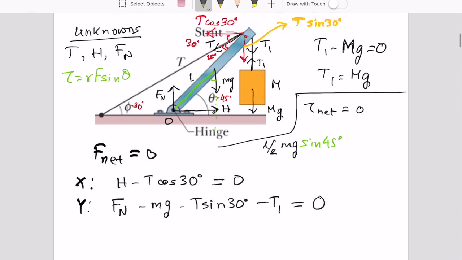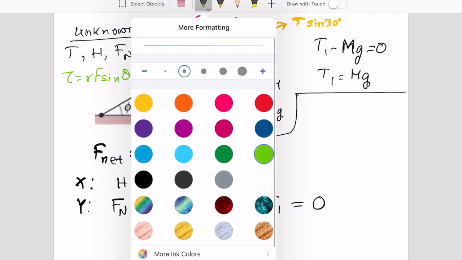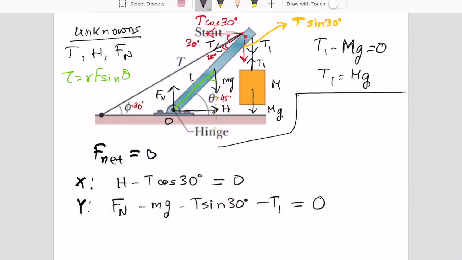So the next equation, I'll just rewrite the torque equation over here. So what we have so far is L over 2 mg sine 45 degrees.